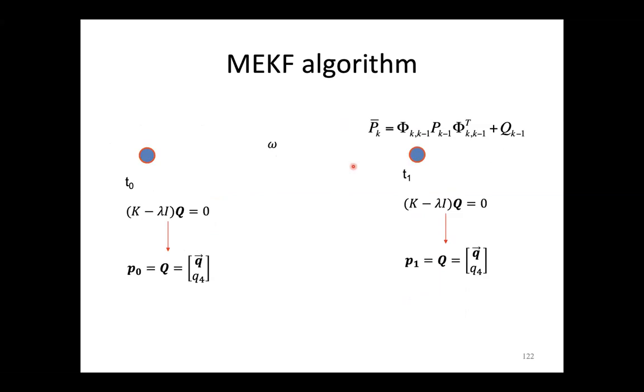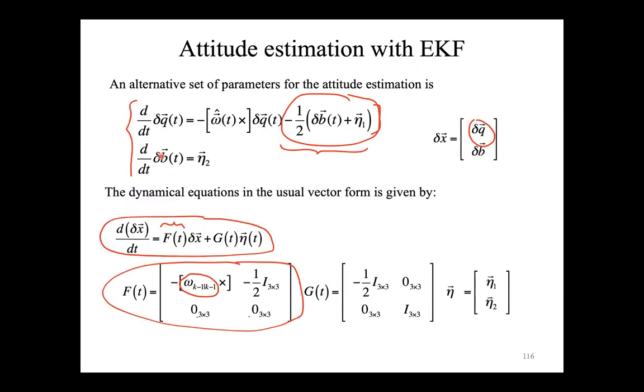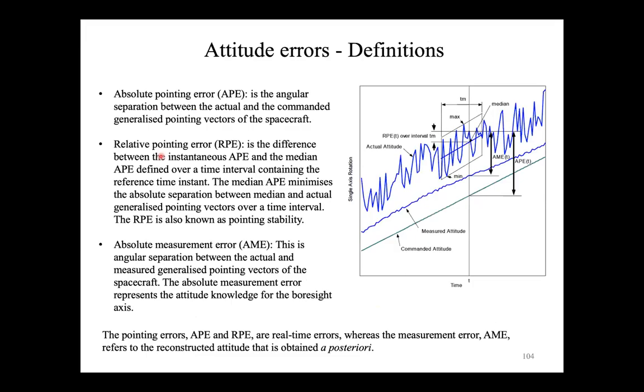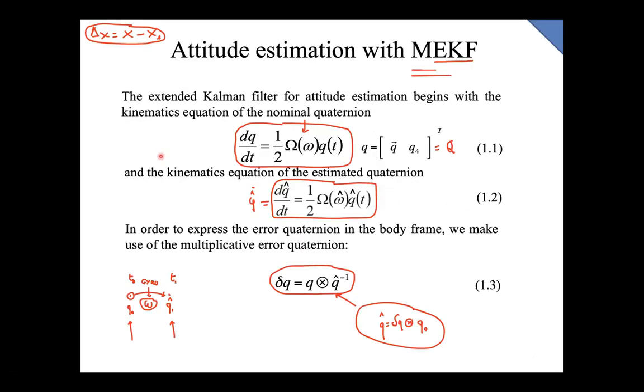What we are going to do with the extended Kalman filter, that's the reason why I would like to clarify some of the demonstration that we have done before. The nomenclature that we're going to see is that P0 is the estimation of the vectorial part of the quaternion at that time. But if you remember, at the beginning of the demonstration, we started from this relationship here.